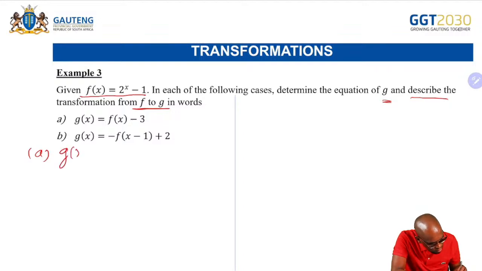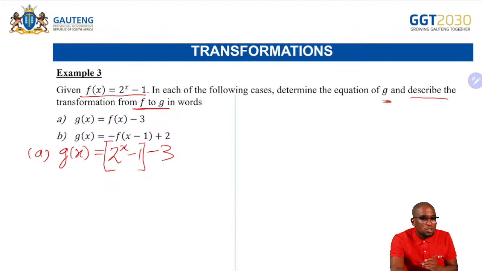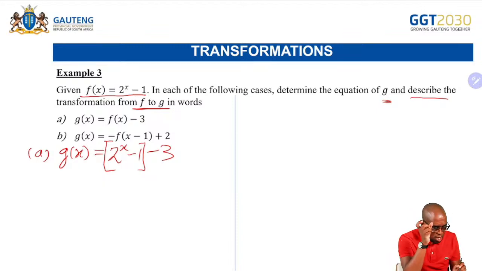g of x equals f of x minus 3. So when I see f of x, I'm going to put 2 exponent x minus 1 and then minus 3. Remember, this was my f of x. I substituted f of x there by 2 exponent x minus 1.